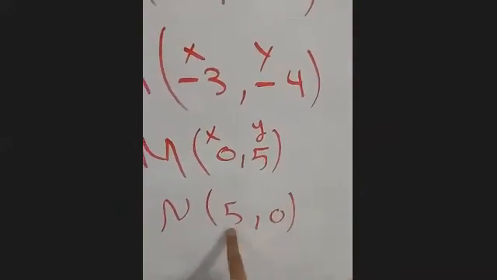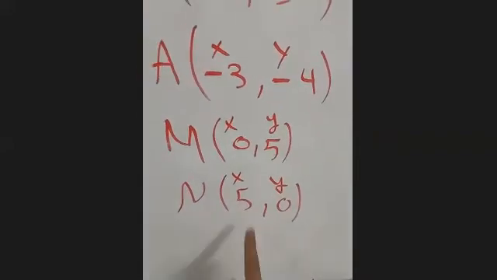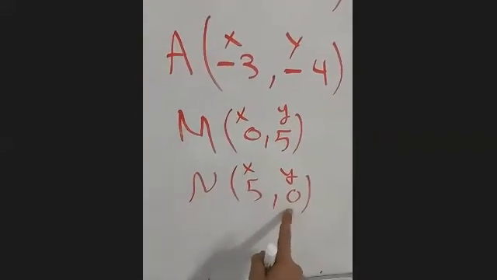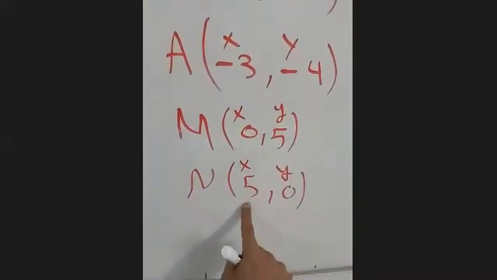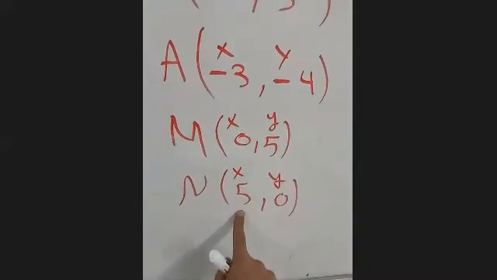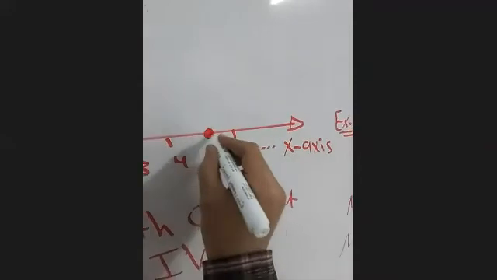The other one, (5, 0). x is 5, y is 0. (5, 0), not (0, 5). They are different. x is 5, so I will go first to x, then to y. I will go first to x = 5. Where is 5 in the x?